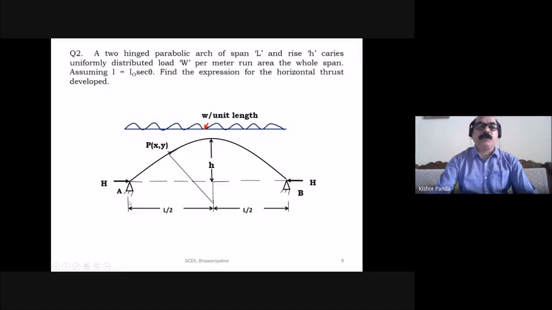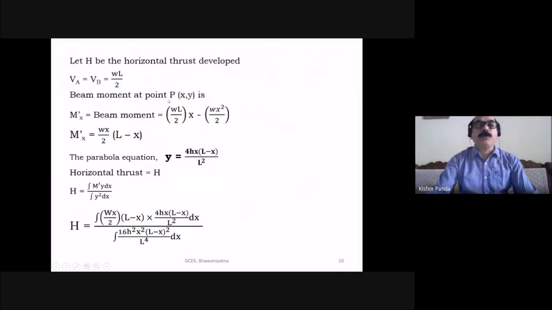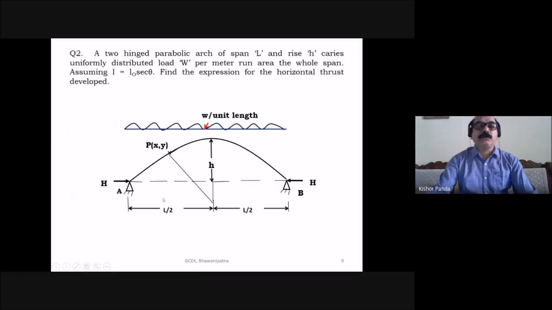Here, the vertical reaction, and you also have to consider this portion of the UDL, which is also a vertical force, when you find the bending moment at position P. The bending moment at point P(x, y) is M', equal to WL by 2 into x, the reaction WL by 2 into the perpendicular distance x.